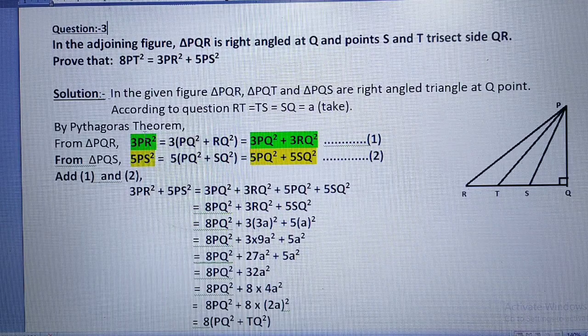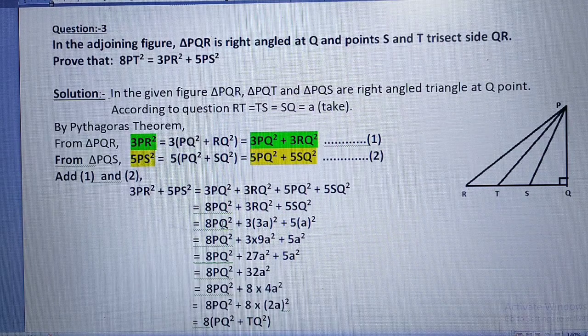On the left hand side, see the color marking here, 3PR square and 5PS square. Add these two: 3PR square plus 5PS square is equal to the right hand side part, 3PQ square plus 3RQ square plus 5PQ square plus 5SQ square. In the next step, 3PQ square plus 5PQ square is equal to 8PQ square, and 3RQ square plus 5SQ square.